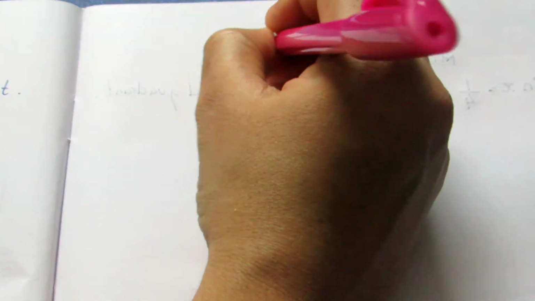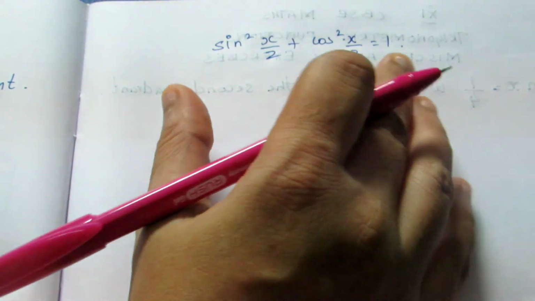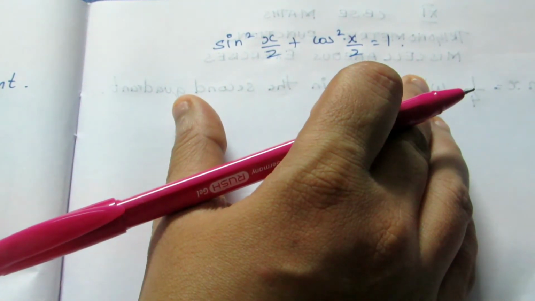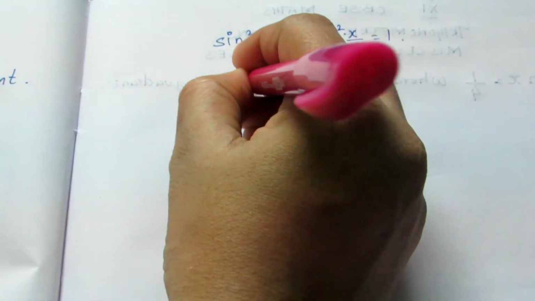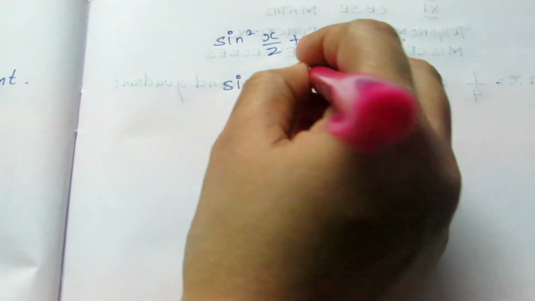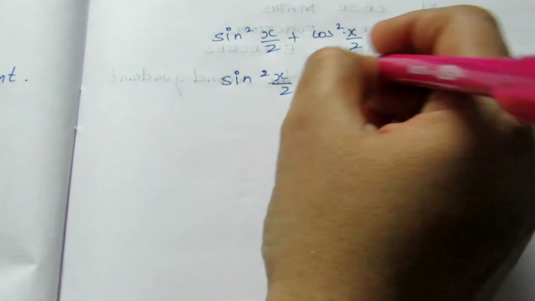We know the link between cos and sine, that is, sine square x by 2 plus cos square x by 2 equal to 1. This identity we have learnt last year. I am going to substitute the cos value here. So sine square x by 2 plus cos square, which is minus 1 by root 3 squared, equal to 1.